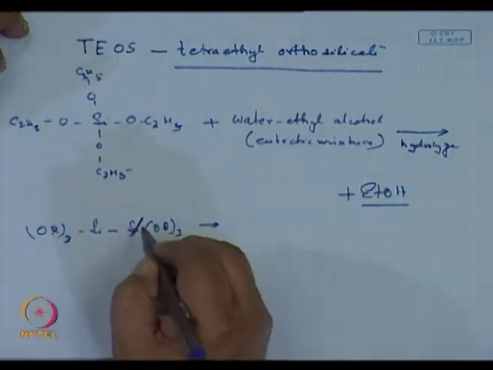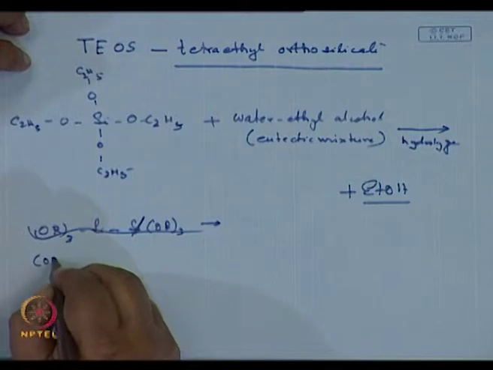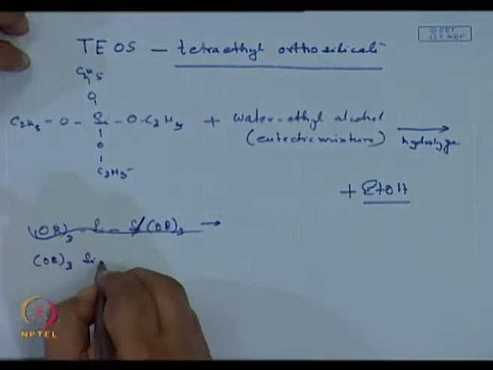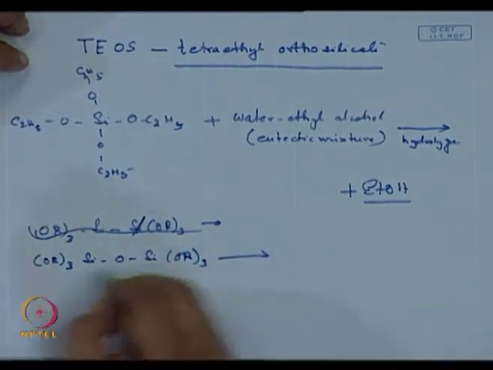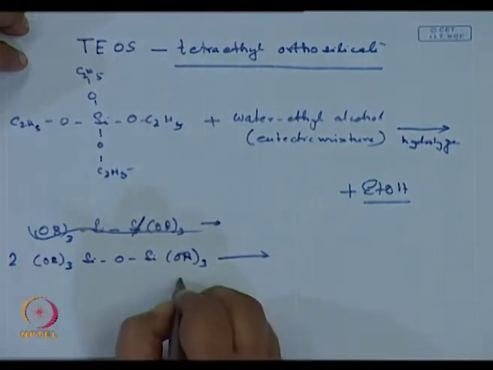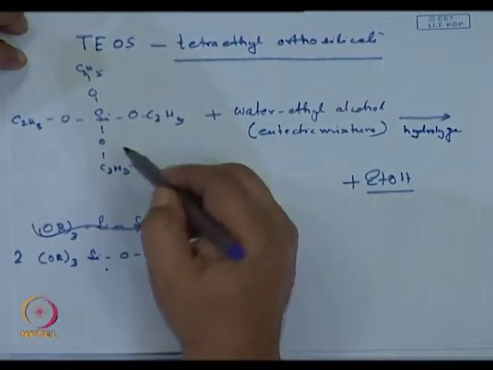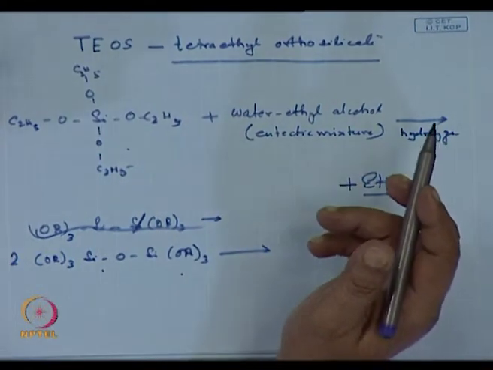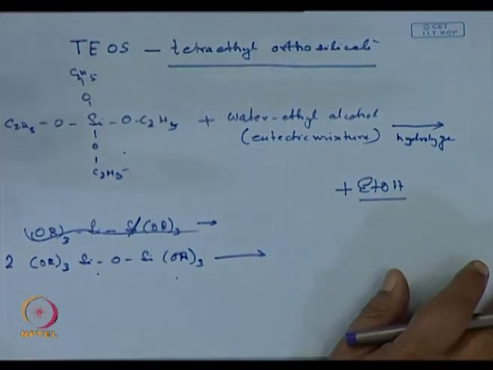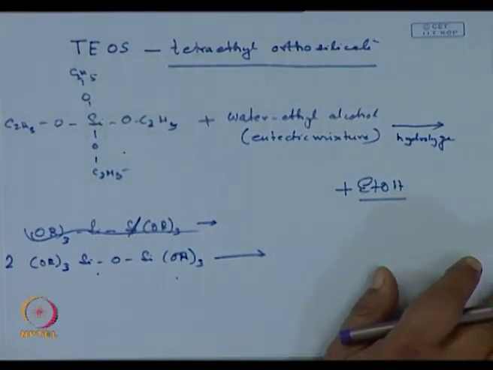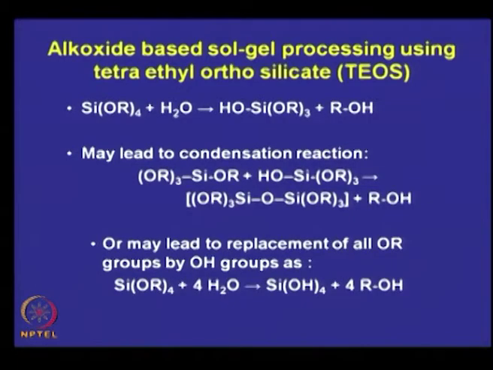Two of these can react to give you a tetramer, or this can react with another TEOS to give you a trimer. So, this is how one way polymerization can proceed, or something else can happen. All the OR groups may hydrolyze to give you SiOH4.